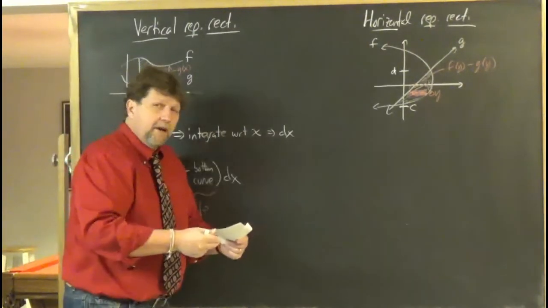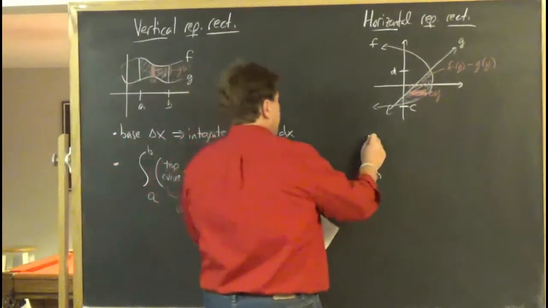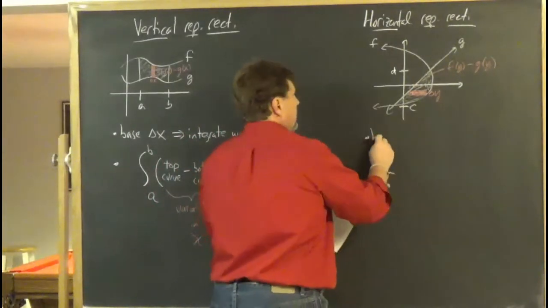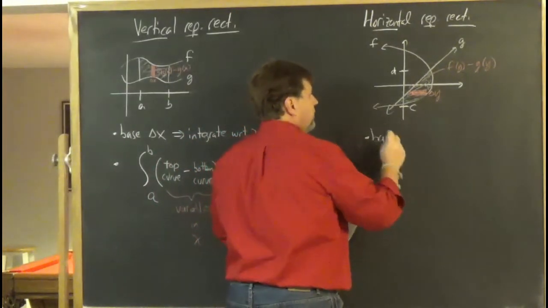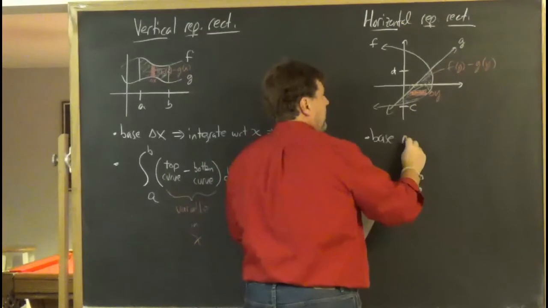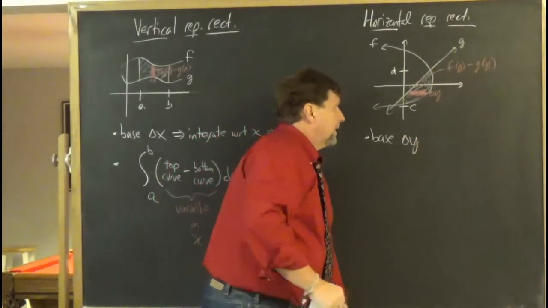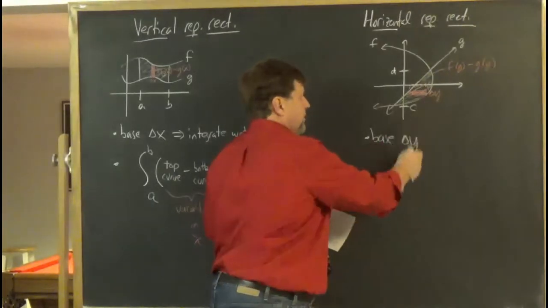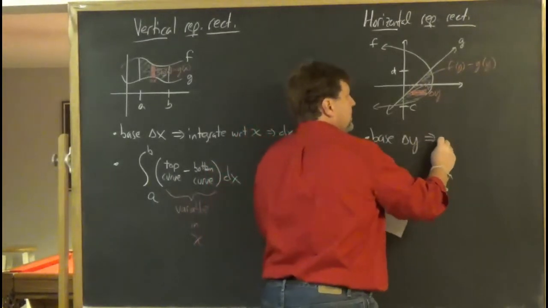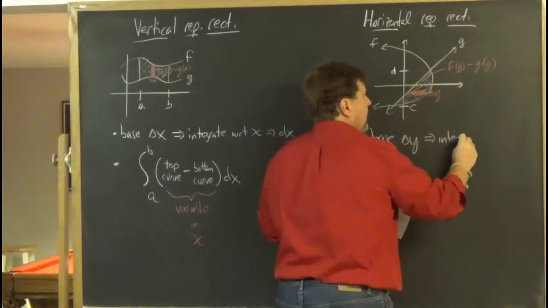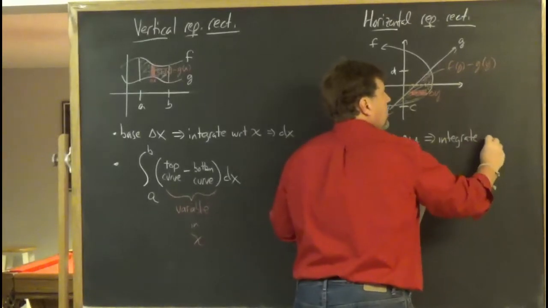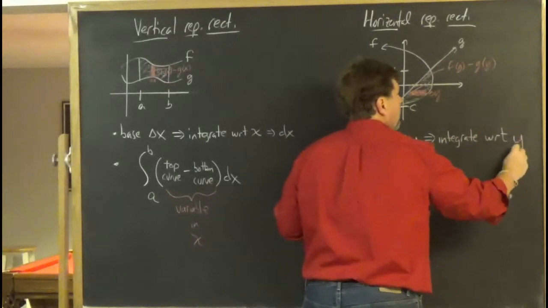In the horizontal rectangle case, for a horizontal representative rectangle, the base is delta y. If the base is delta y, that means you are going to integrate with respect to y.